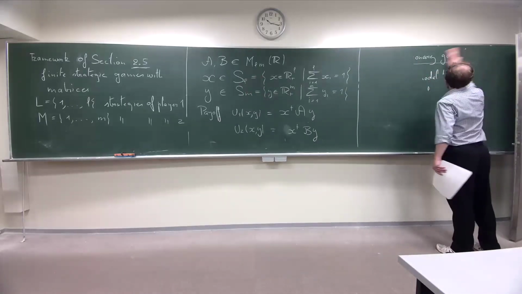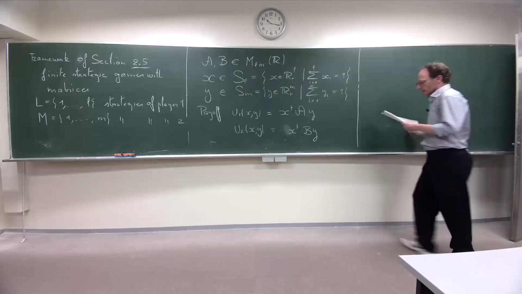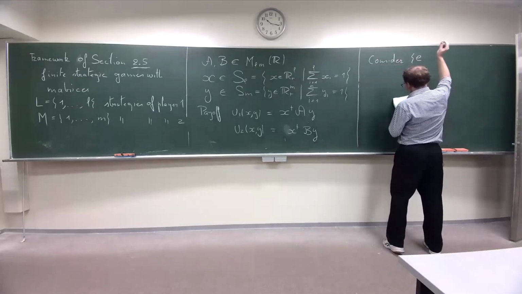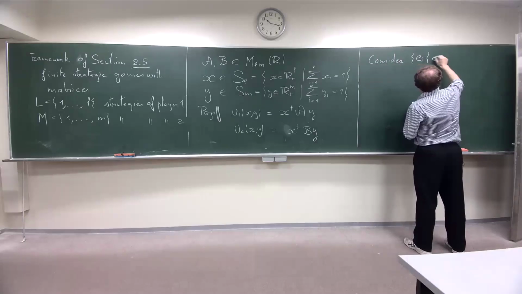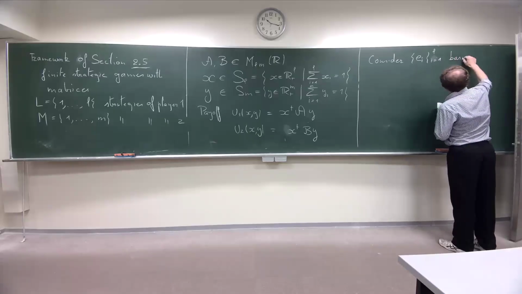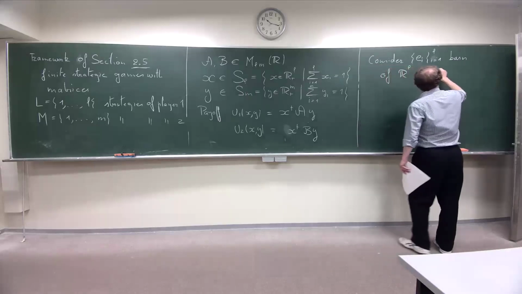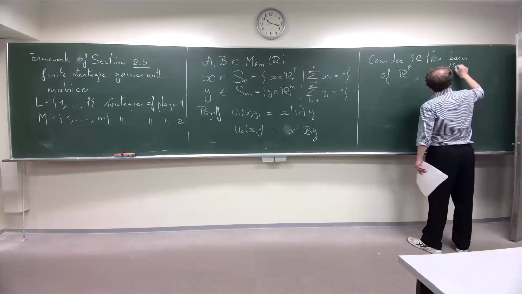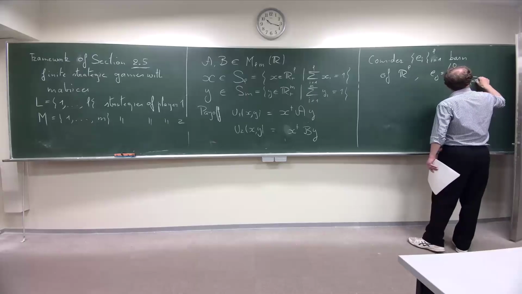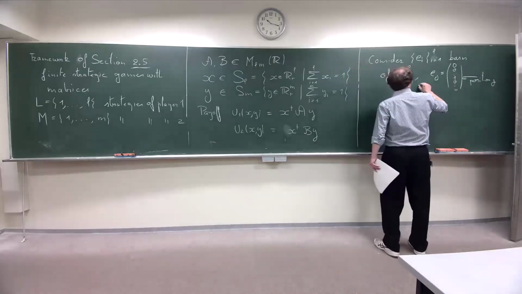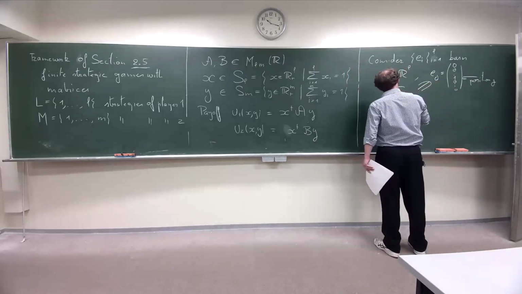And let me just remind you one more thing. I consider e_i, i from 1 up to L, which is a basis of R^L. And e_j is simply the vector 0, 0, 1, 0, 0, where the 1 is at position j. Observe that this e_j is an element of S_L.